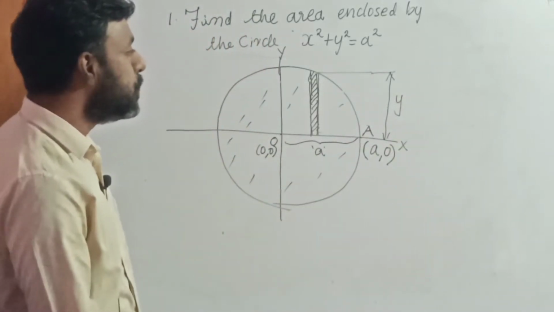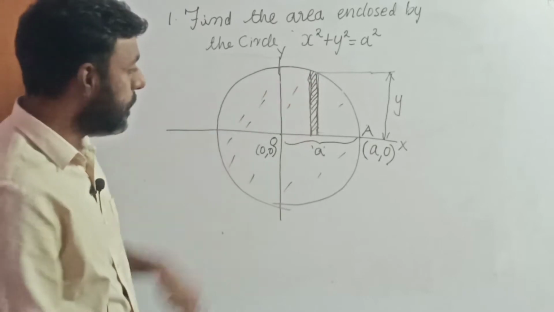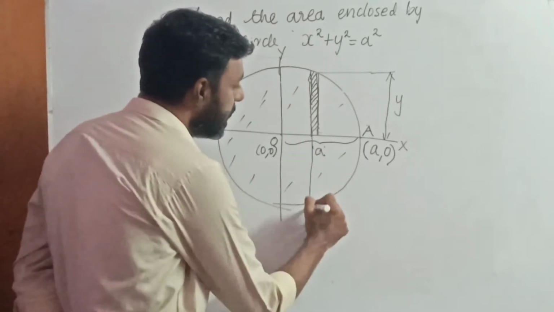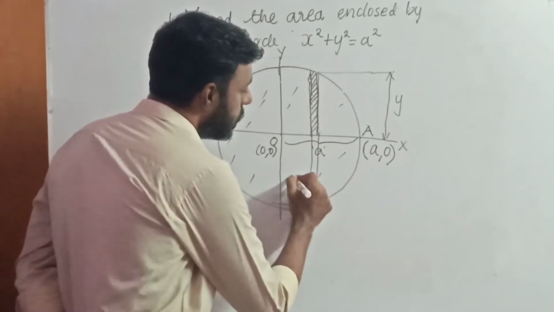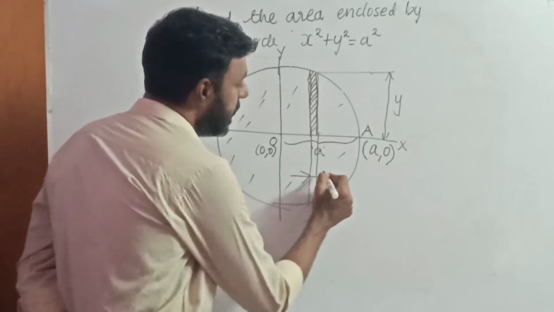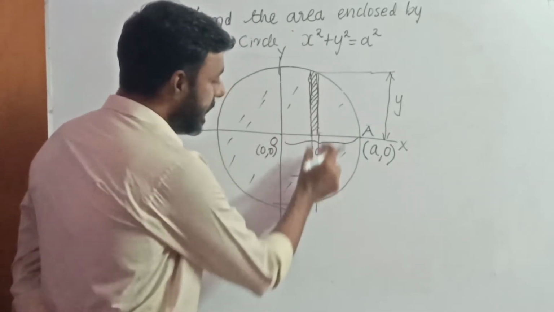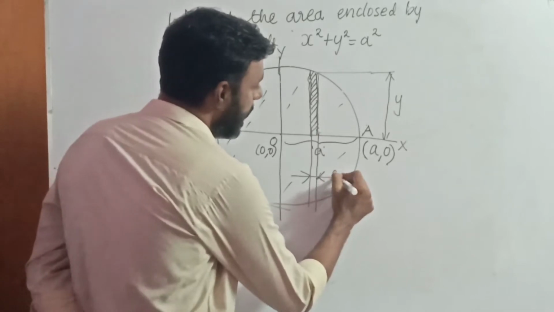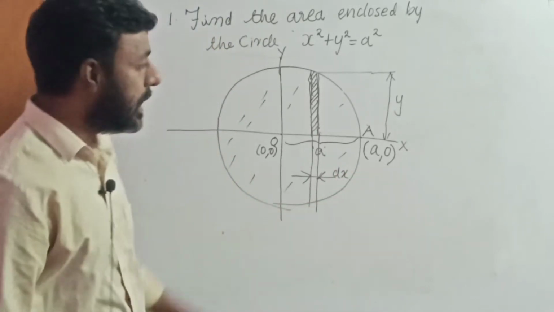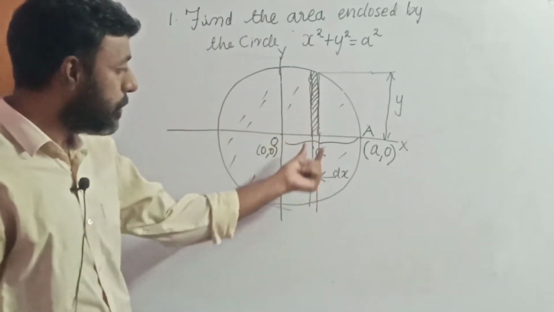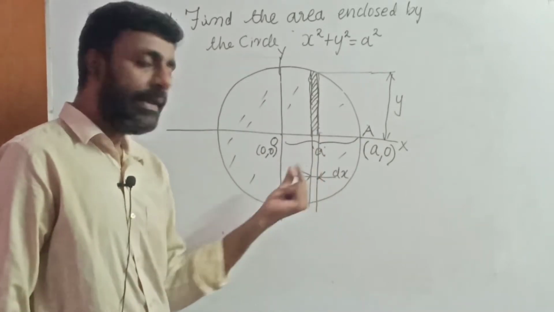The breadth of the vertical strip, I am extending it for visibility, will be dx.